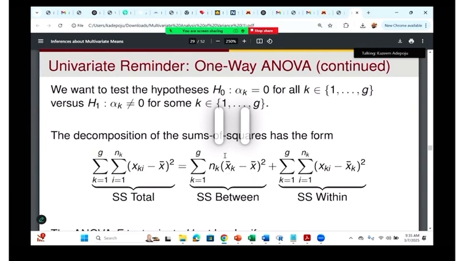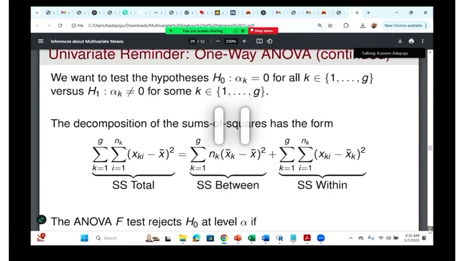One will be variation within, and the other variation between. SS between means variation between the levels of the categorical factor, the variation between groups. But this one is saying variation within a particular group. That's what this is trying to say.